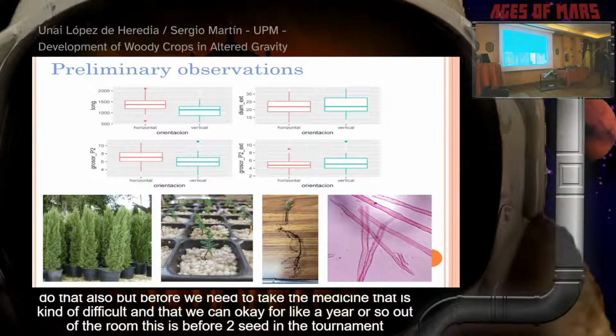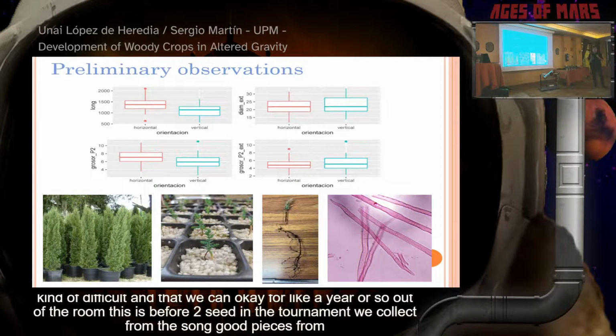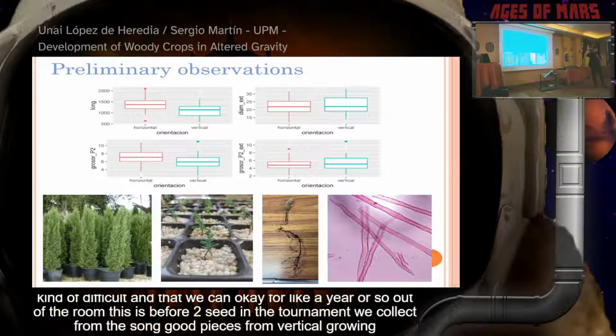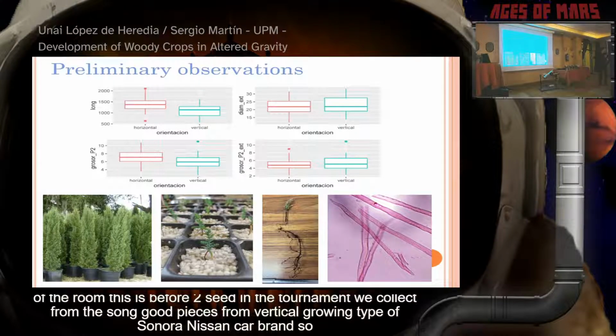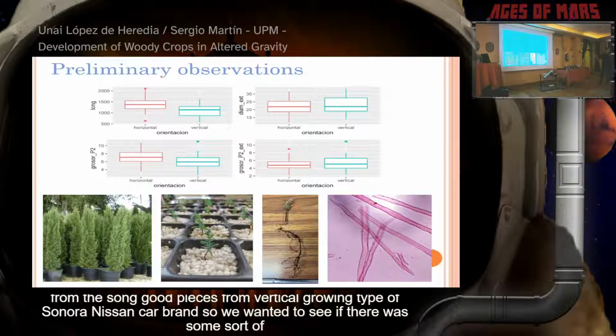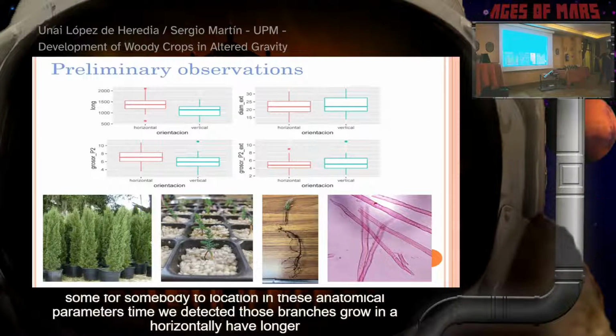These graphics here are showing data from before installing our experiment. We collected some good pieces from a vertically growing cypress and a horizontal branch. We wanted to see if there was some modification in these anatomical parameters, and we detected that those branches growing horizontally had longer tracheids.